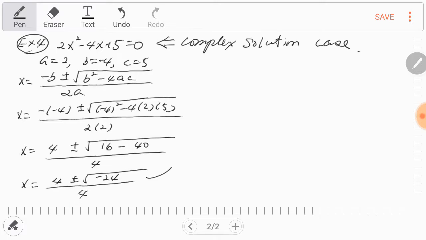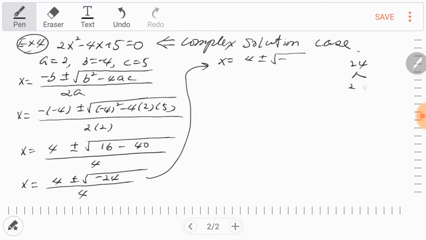Alright, so let's move to the right. Then x equals 4 plus or minus the square root of negative 24. 24 is 4 times 6.